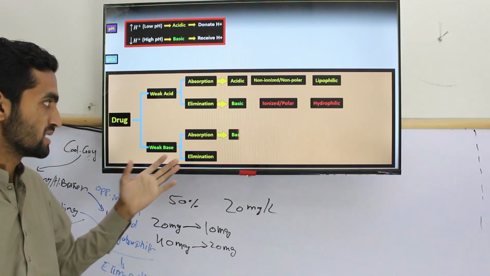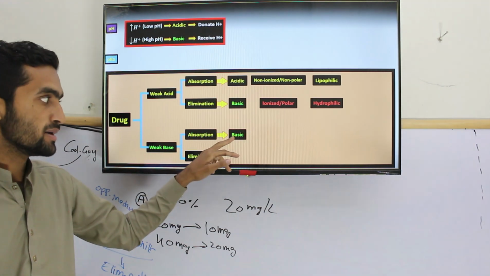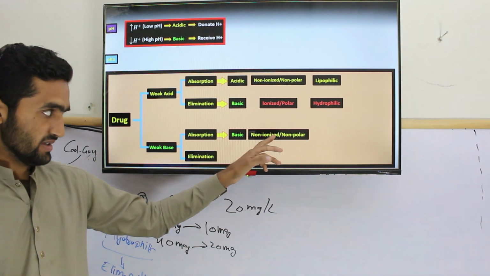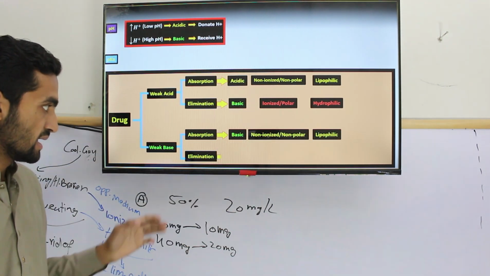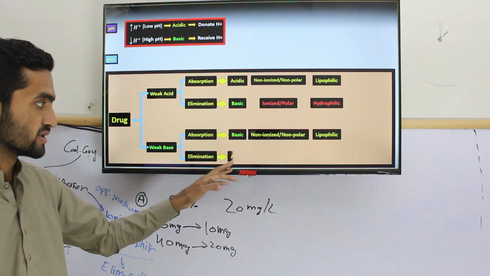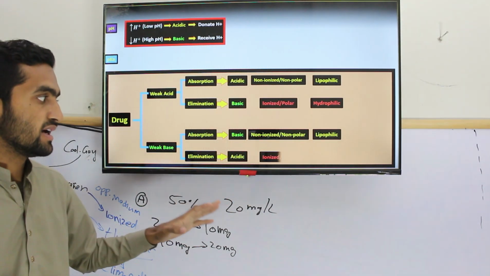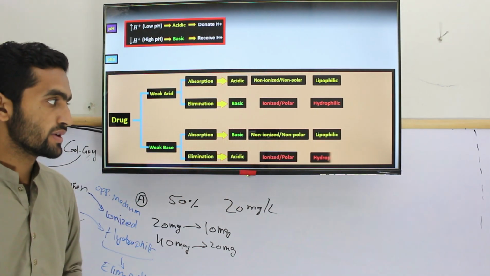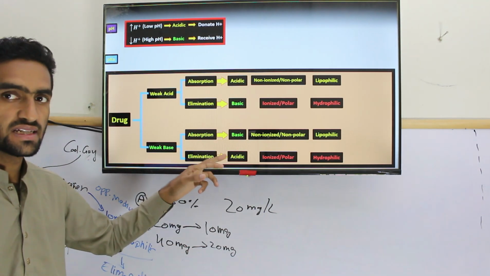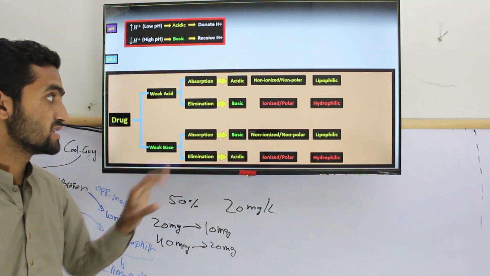Vice versa for weak bases: the absorption medium should be basic, so non-ionized and lipophilic. For elimination, the medium should be opposite, acidic, ionized, and hydrophilic. So only the medium is changing, the concept is the same.